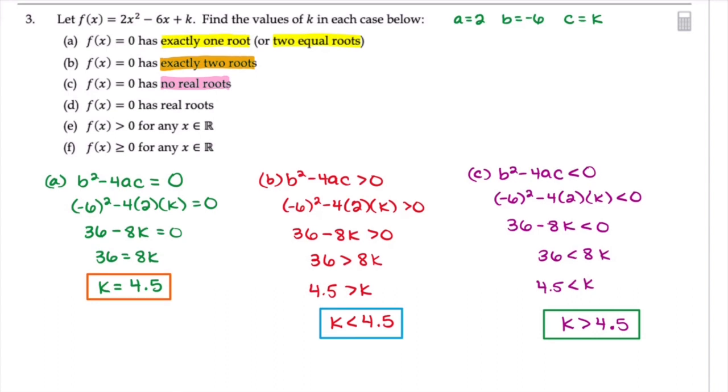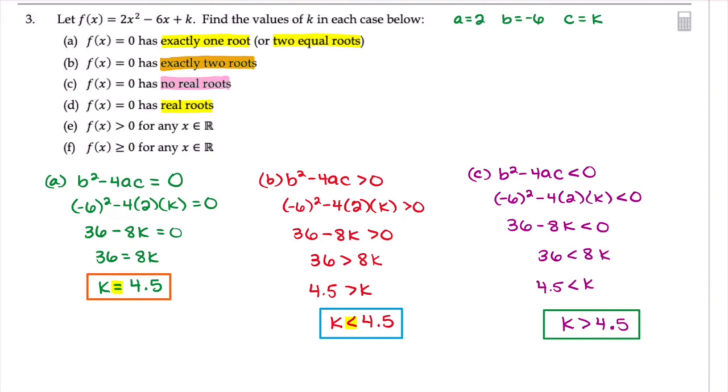So for part D, f of x is equal to 0 has real roots. So in how many places can we have real roots? We could have real roots if my problem is k is equal to 4.5, so we have an equal situation, or if I have a less than 4.5 situation.